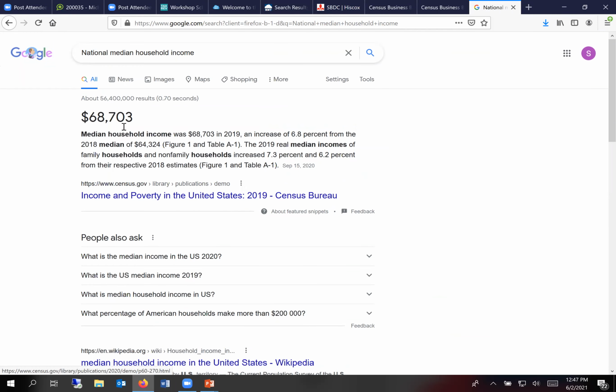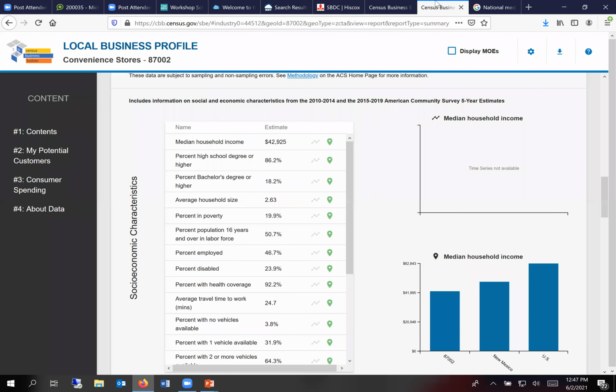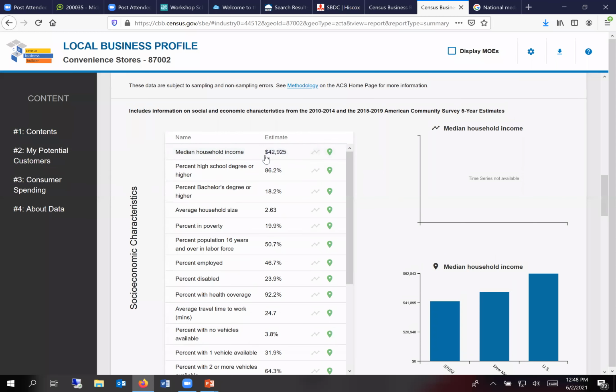Actually, I would use census.gov, and the stat comes from census.gov. So in 2019, here is the median average household income for the United States. If we look at that zip code, it's lower. So I would really use that as a rule of thumb, not to say that a retail establishment wouldn't work in 87002 because we have a few, but be very careful when going into areas with low household incomes.